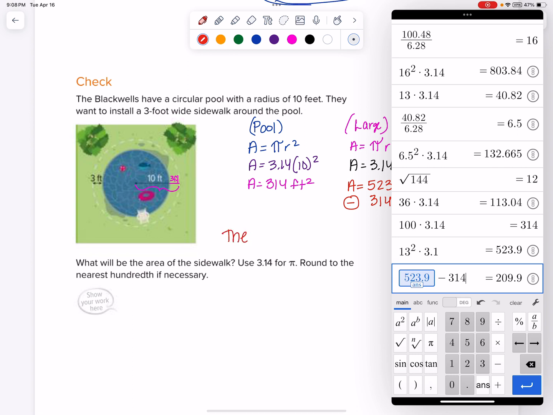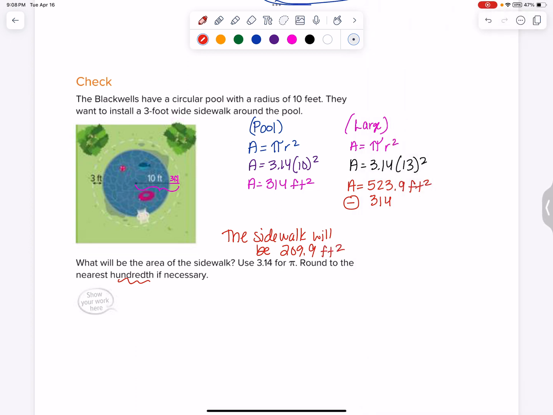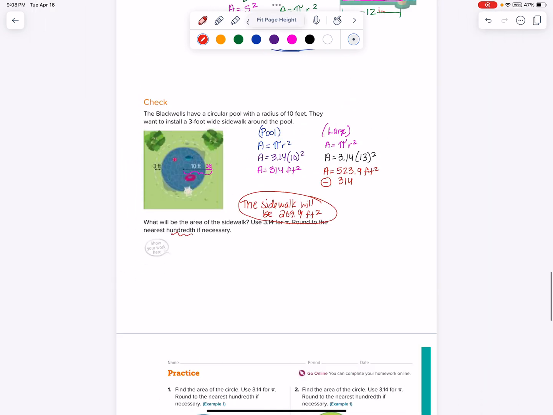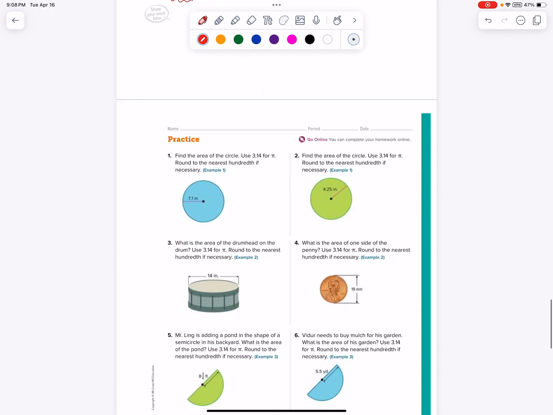I can say the sidewalk will be 209.9. We're rounding to the hundredth if necessary. And this is feet squared. Okay. And so there we go. So lots of problem solving for those, but stuff you can definitely take care of.